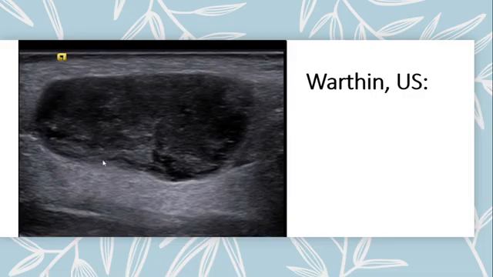Warthin tumor, radiological or ultrasound finding is cystic, a definite cystic structure, or indicates cystic structure that is translucent with internal content or thickened fluid content.